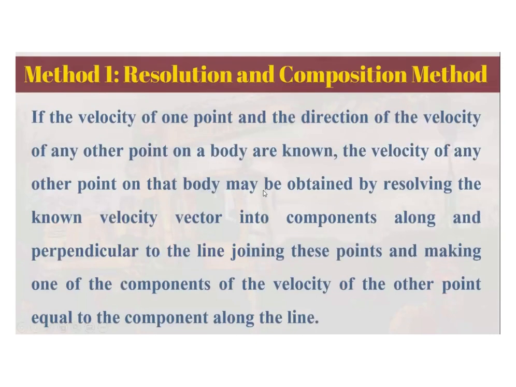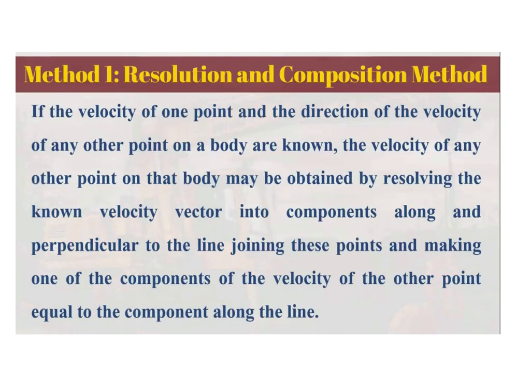For this method of resolution and composition, if the velocity of one point and the direction of the velocity of any other point on a body are known, then the velocity of the other point on that body may be obtained by resolving the known velocity vector into components along and perpendicular to the line joining these points, and making one of the components of the velocity of the other point equal to the component along that line.